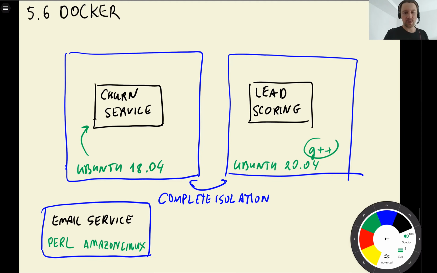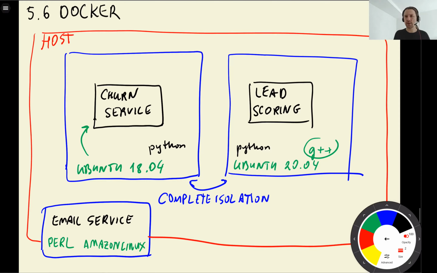And then, of course, each of them has its own Python, but these Pythons are completely isolated from each other. And of course, everything lives on a host machine. So let's say this is our host machine. This host machine can be Mac, Windows, or some Linux, it doesn't matter. Let's say it's Ubuntu 18.04.